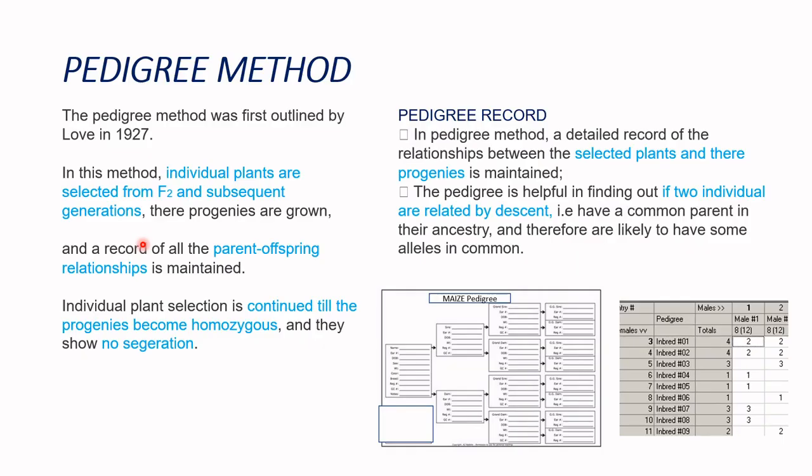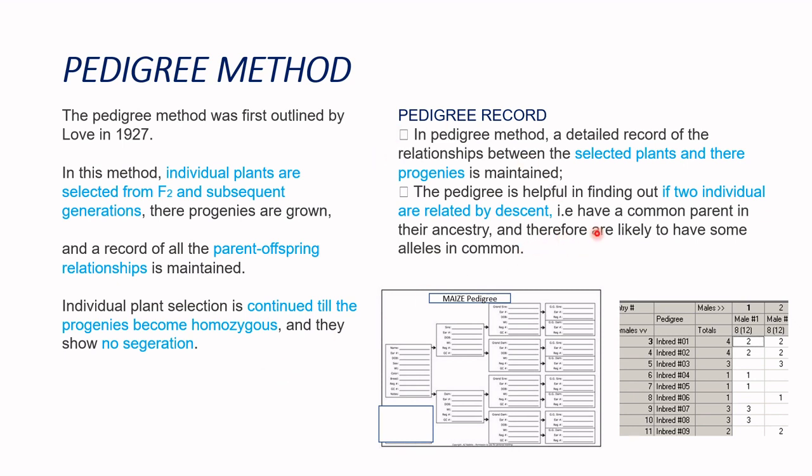So the first method is the pedigree method, which was outlined by Love in 1927. In this, individual plants are selected from F2 and subsequent generations, and the progenies are grown in the next generation. It involves record keeping of parent and offspring relationship, and it continues till the progeny becomes homozygous and shows no segregation at all, which is at a later stage, F7 to F8 generations.